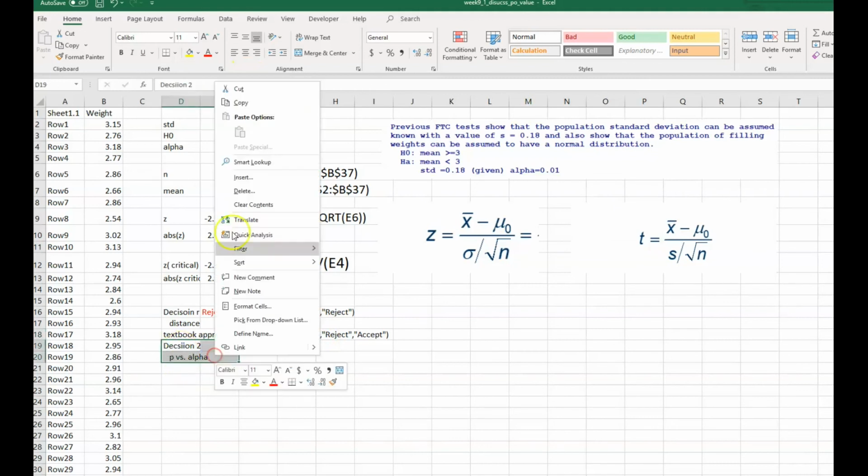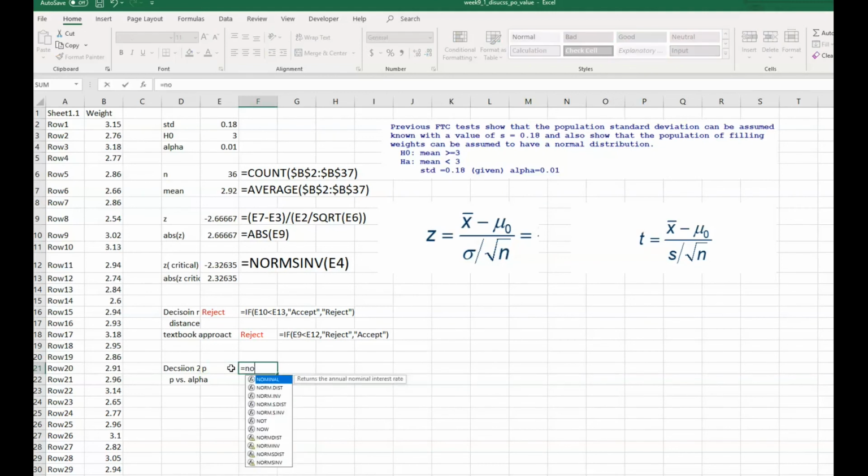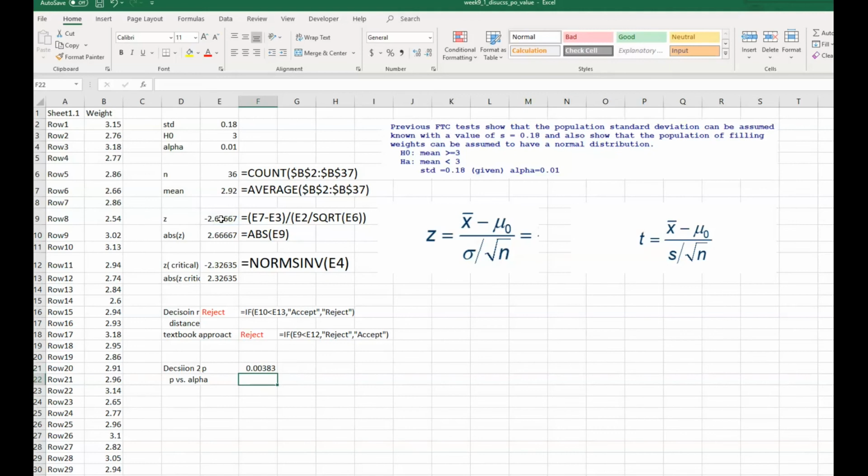Okay, so let's look at decision rule number 2. Decision rule number 2 is we calculate the p-value. So what is the p-value? For the p-value, we use NORM.S.DIST, the standard distribution, with this Z value. Because this is less than our hypothesis, we use Z, so this is the p-value.